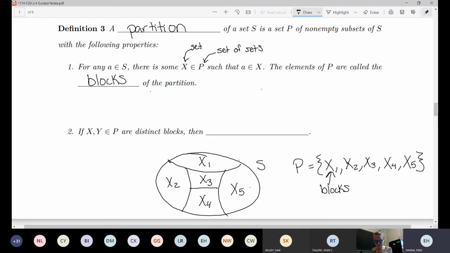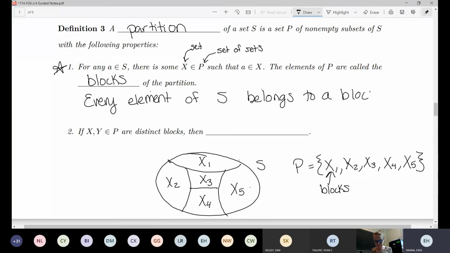And essentially what this first idea is telling us is that every element of S, because remember this started out with being this set S, so every element of S belongs to a block. Every element in S must be in one of those mini sets, if you will.